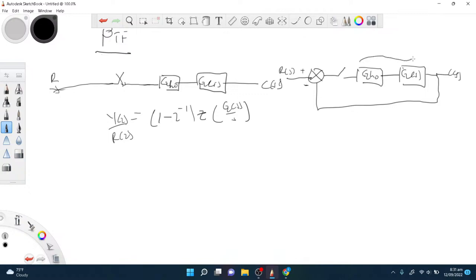So if I call this a cascade, let's call it T of S. So when you have a closed loop like this, you know that this product will happen before they are sampled, right? So let me call it G1 of S, G2 of S. These are samplers.